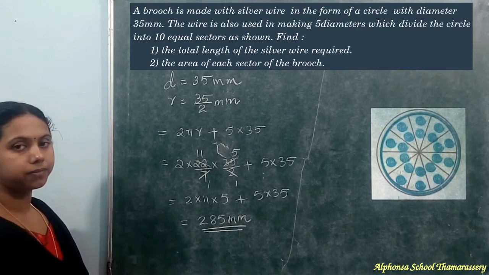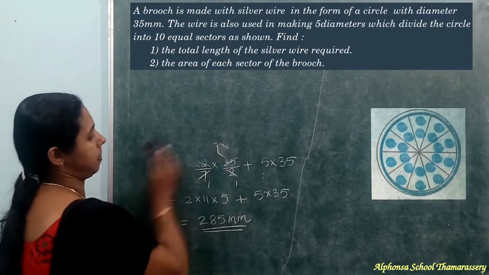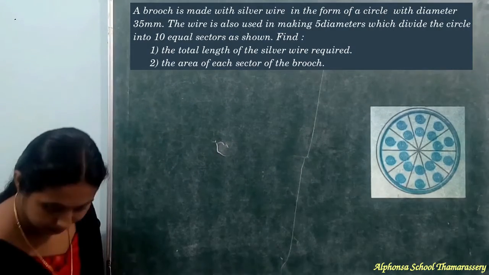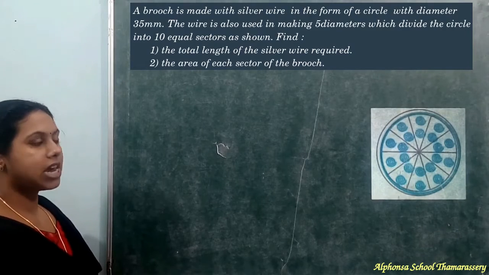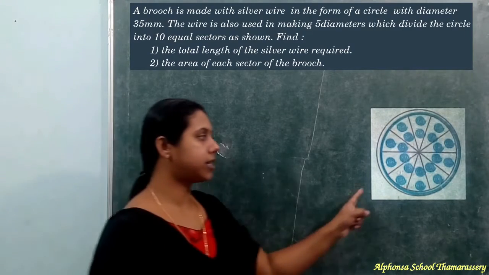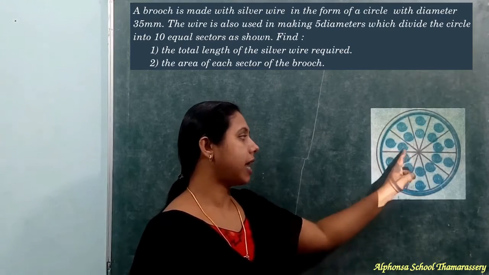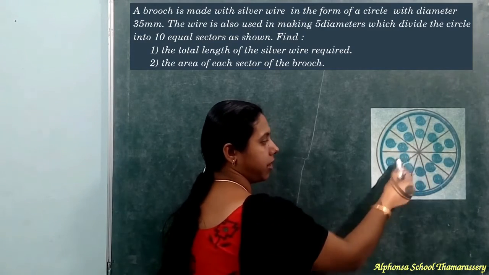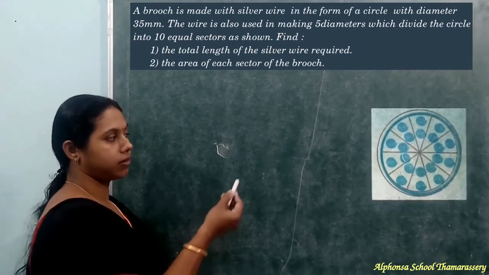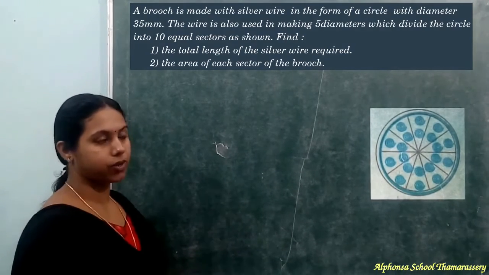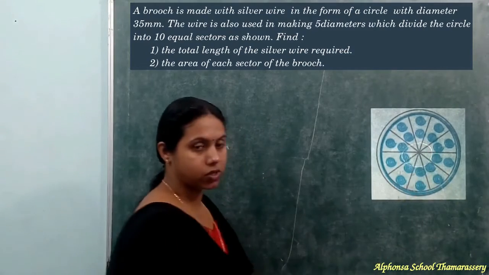The second question is, the area of each sector. That circle is divided into 10 equal sectors. So what is the area of each sector? We know that the whole area of the circle is pi r square, and the whole angle, the center angle, is 360 degree.